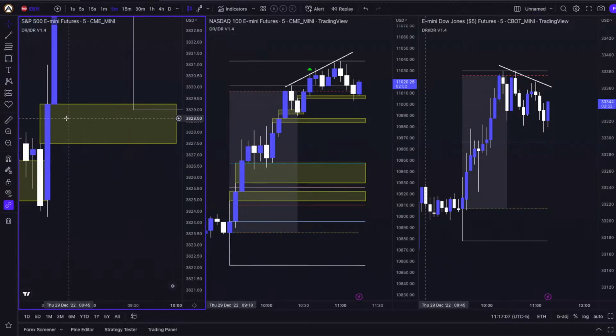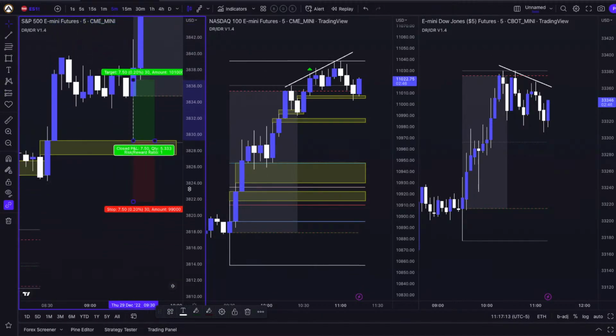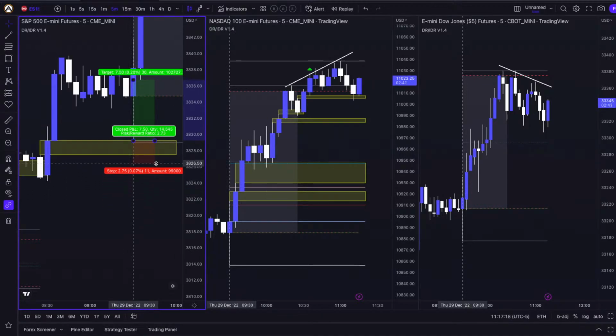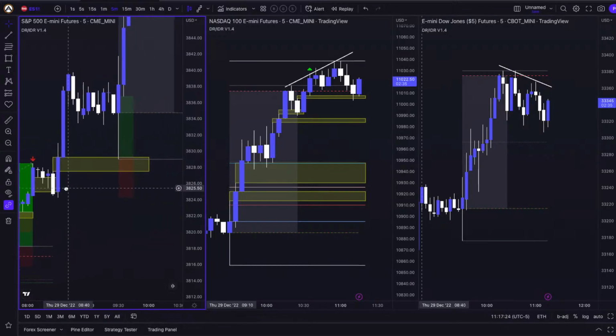So if you would have placed a buy limit right here at the beginning of this fair value gap, not sure if you would have been triggered, but very likely would have played out. So your stop loss would have been, for example, this one right here. That's our 830 low.